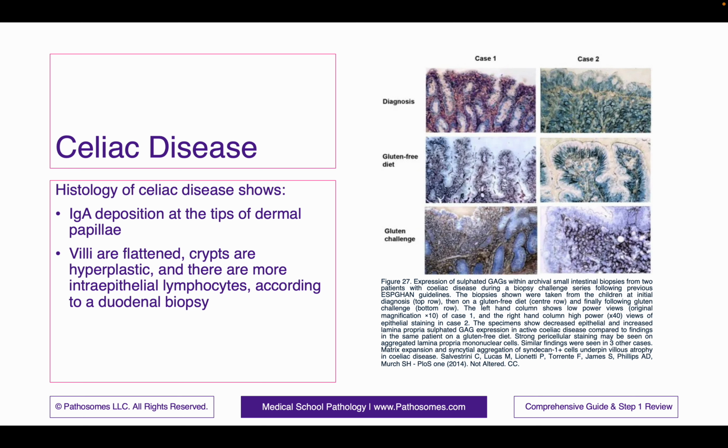The jejunum and the ileum are less affected than the duodenum. The duodenum has the most obvious damage. Complications of celiac disease include small bowel carcinoma and T-cell lymphoma. Okay?